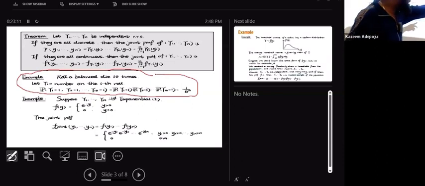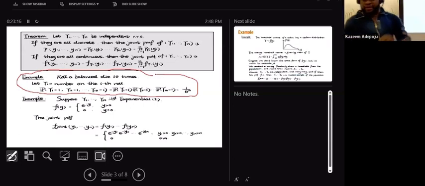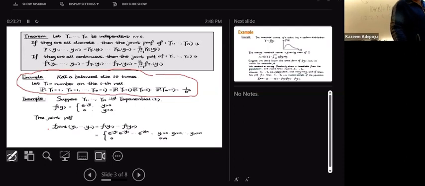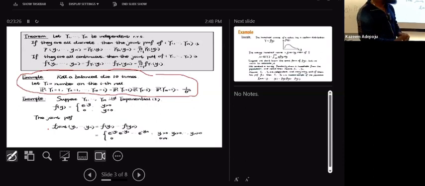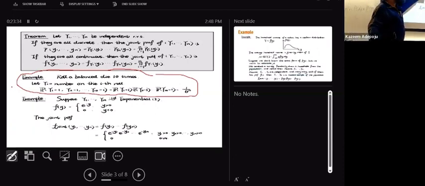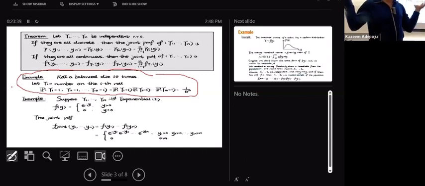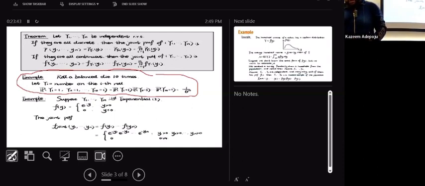That is the probability of the joint occurrence of y1 up to y10. Another thing I'm going to tell you here: computing that, we did not have any probability distribution in mind. What if we now say, take a look at the next example.